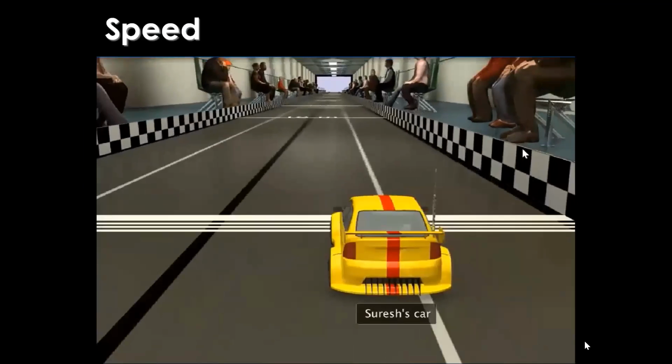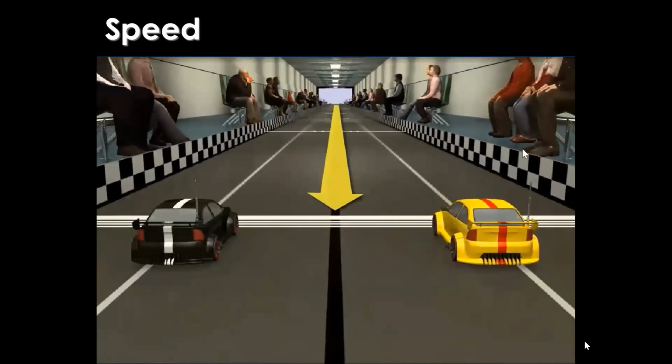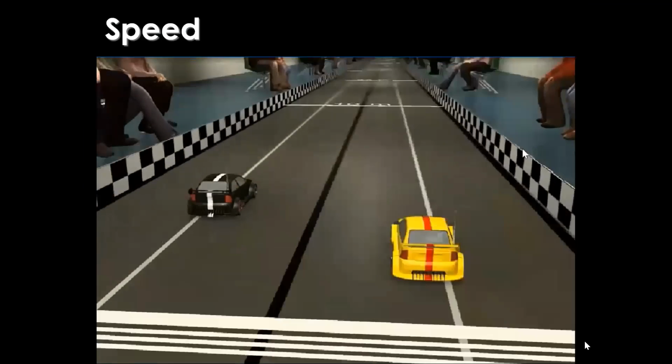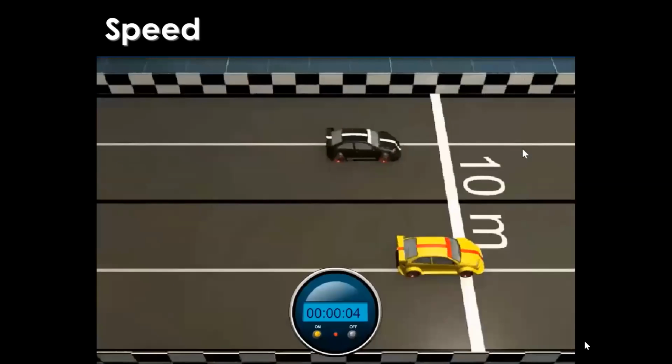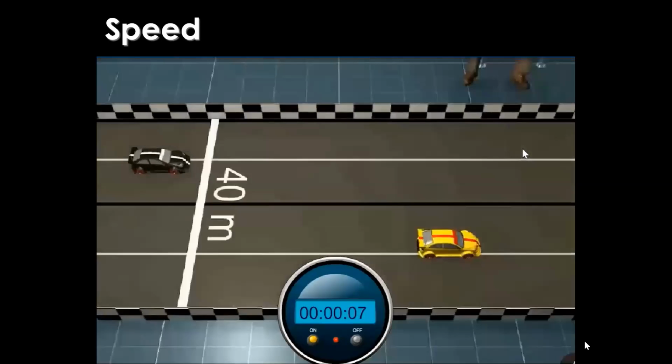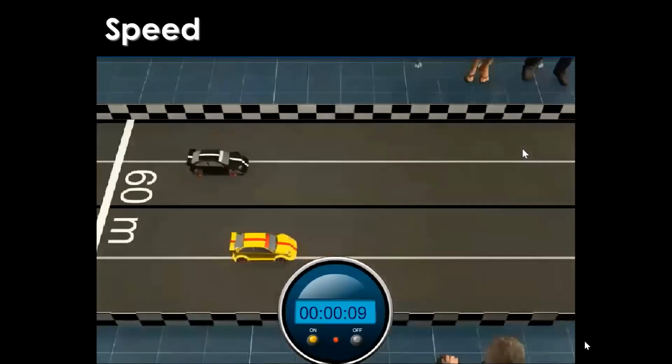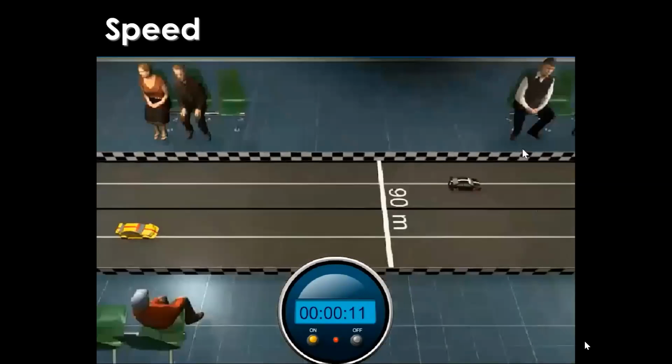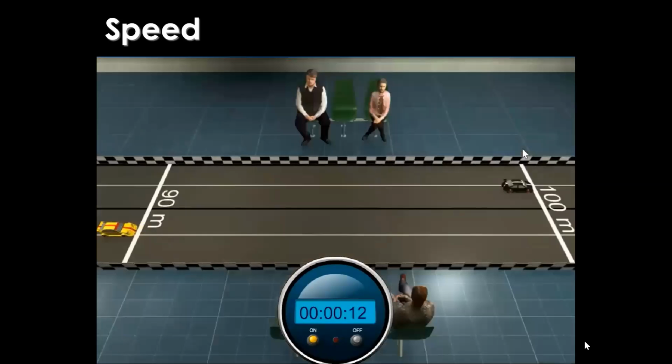First, we'll watch and analyze the first half of the race and try to predict who is going to be the winner of this race. Let's watch. Both are covering 100 meters. Ravi was quick and he covers 100 meter in 12 seconds.